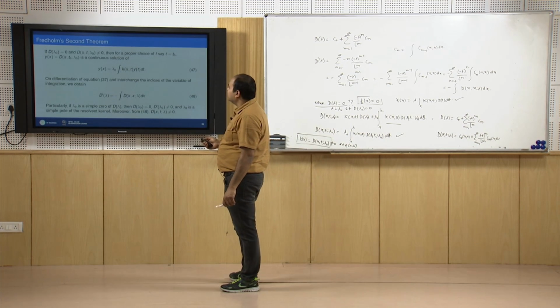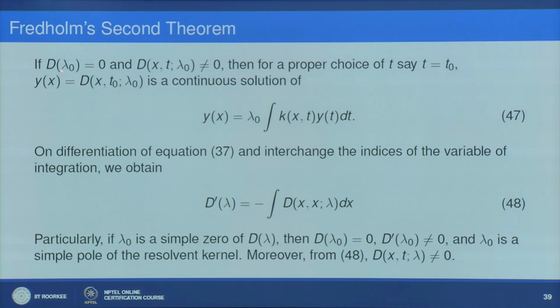So it means that if we have lambda naught in a way such that D lambda naught is 0 but D dash lambda naught is non-zero, or we can say that lambda naught is a simple 0 of D lambda, then D dash lambda naught is non-zero. So you can say that integral of D x x lambda naught dx is not equal to 0.